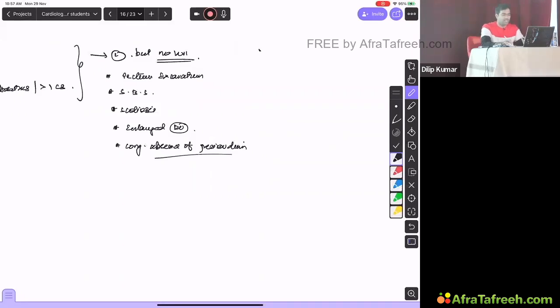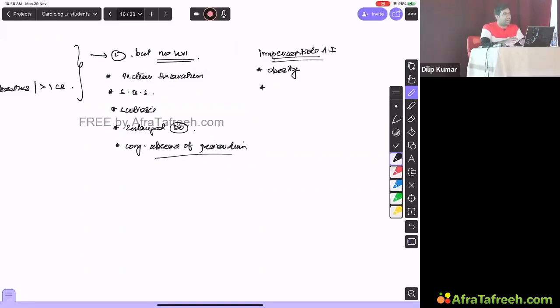And then there are causes of imperceptible apical impulse, which means you are not able to palpate the apical impulse. The single most important cause is obesity. Even cardiologists will struggle with the echocardiogram in patients who are very obese. You will not get the echo window itself. Then how will you get the window for palpating the apical impulse?